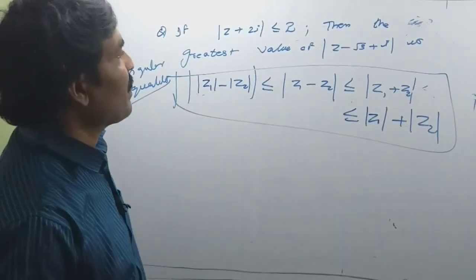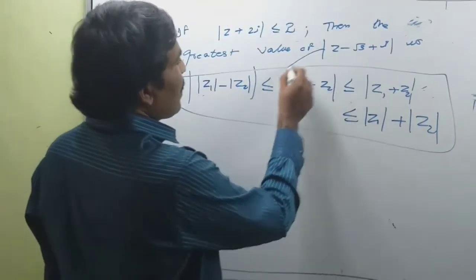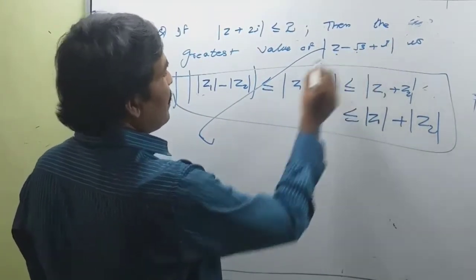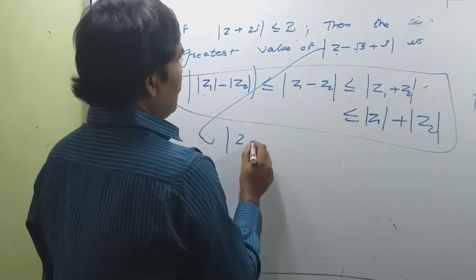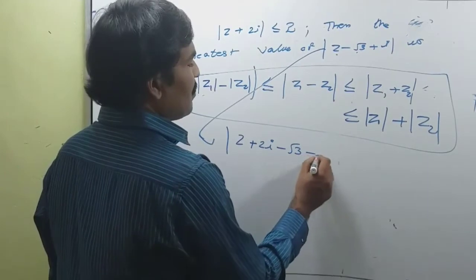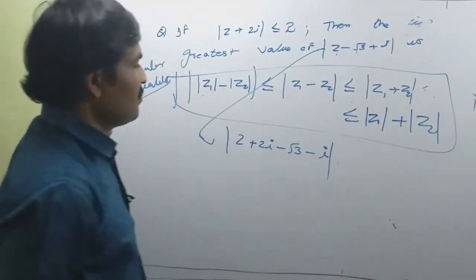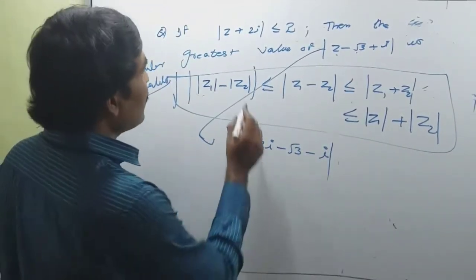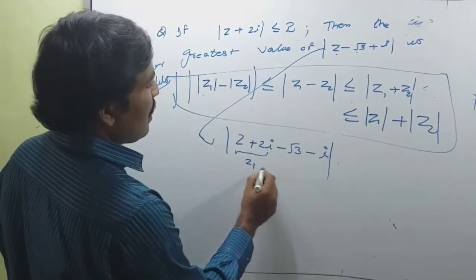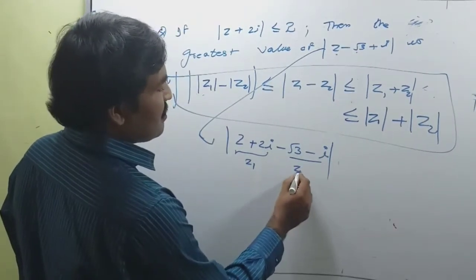Okay. Now you can write this as mod z minus root 3 plus I, that is z plus 2I minus root 3 minus I. Now consider this term as z1 and this as z2.